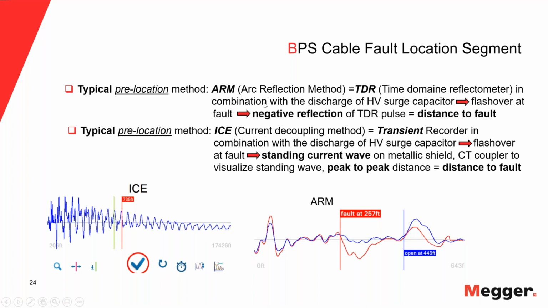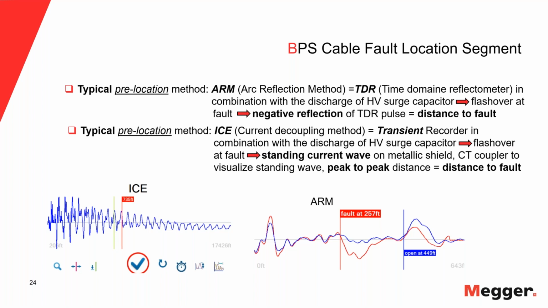And so we use the thumper, we thump the cable at the fault, we get a flashover, and the flashover occurs between the conductor and the concentric neutral. So we are basically getting a signal on the neutral, which forms a standing wave between the fault location and the capacitor inside our unit.